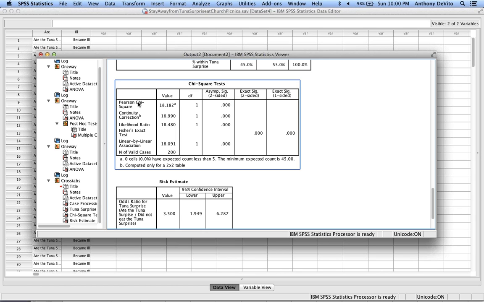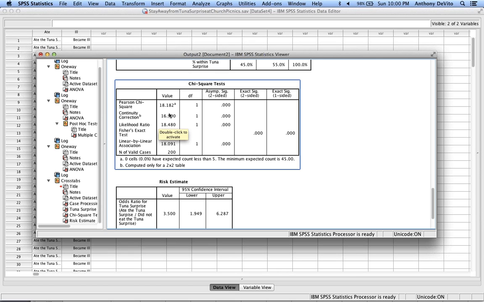Okay, Pearson's chi-square. If we had gone through all those boxes and calculated the chi-square value, we would have discovered that our value would have been 18.182. We know the critical value for 1 degree of freedom was 3.84, so we know we could reject it. In fact, the probability of being wrong if we reject the null hypothesis using Pearson's chi-square is less than 1/10 of 1%, 0.000.